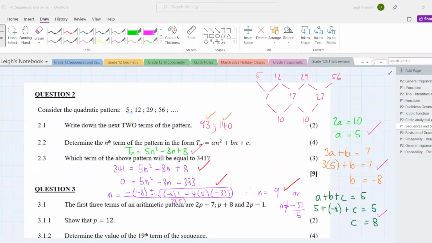All right. So the first 3 terms of an arithmetic pattern are 2p minus 7, p plus 8, and 2p minus 1. The first thing that they want us to do is show that p is 12. When we have a question that says show that, what does it mean we're not allowed to do? Go for it, Kanyisile.